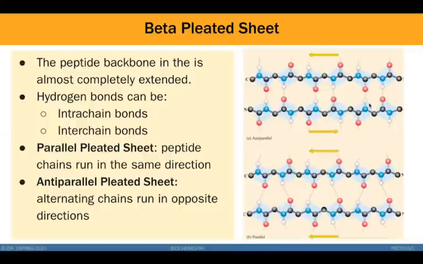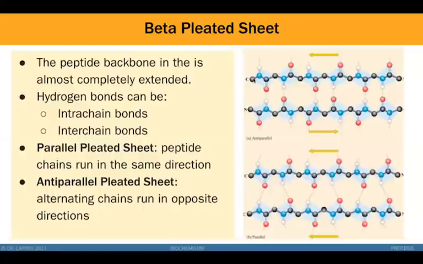For pleated sheets, this is the picture of parallel pleated sheets. For this one, this is the direction of the peptide chain from the N terminal to C terminal, and the other peptide chain is also from N terminal to C terminal. So they have the same direction. While in anti-parallel, they run in opposite.